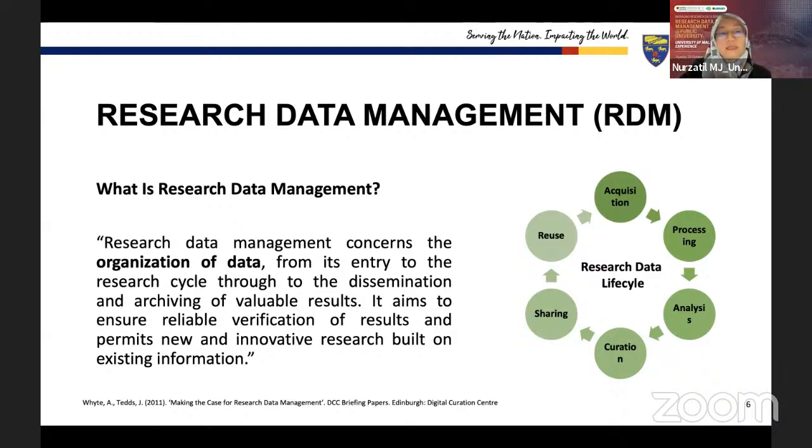As the name goes, we want to manage the data. We want to organize the data so that at the end of the day, we can disseminate it, we can reuse it for many benefits, including creating new knowledge, creating new innovations, etc.